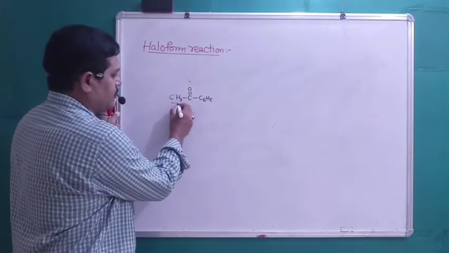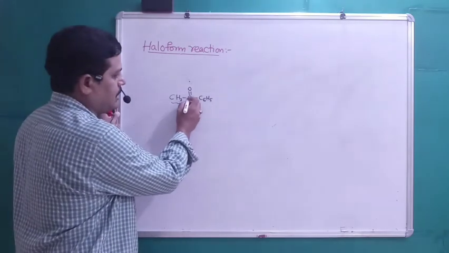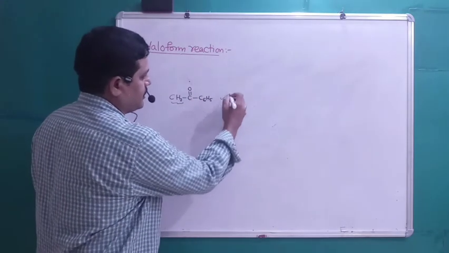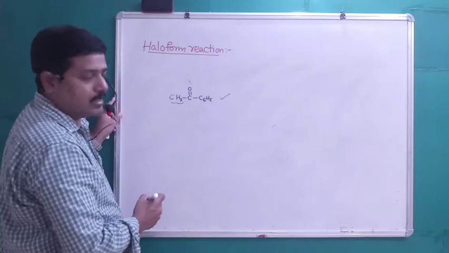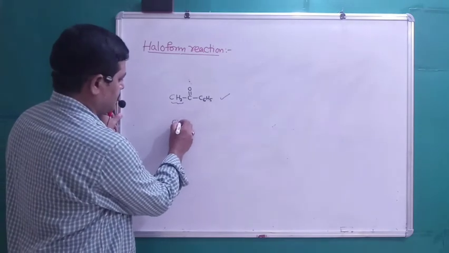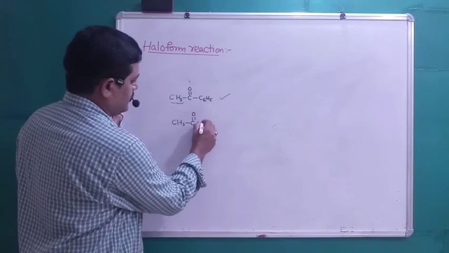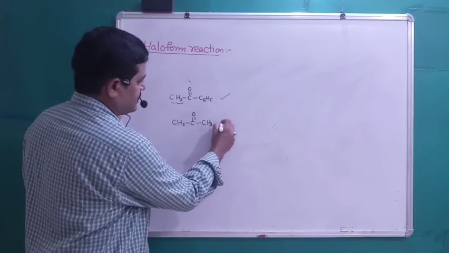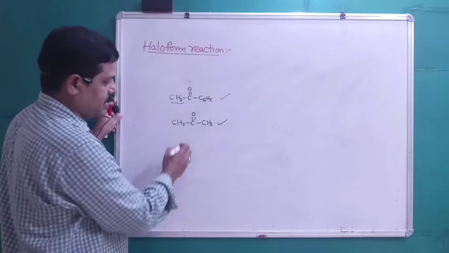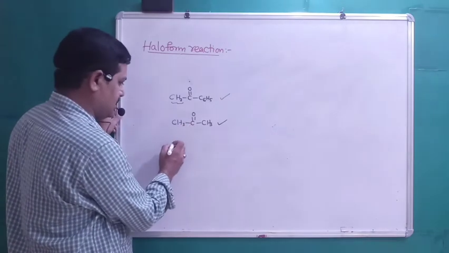A methyl group is present on one side of the carbonyl group, so it will give the haloform reaction. CH3-C=O-CH3 also gives the haloform reaction, since a CH3 group is present.